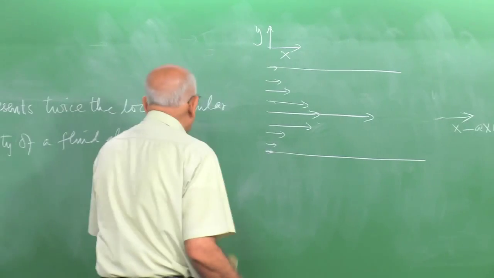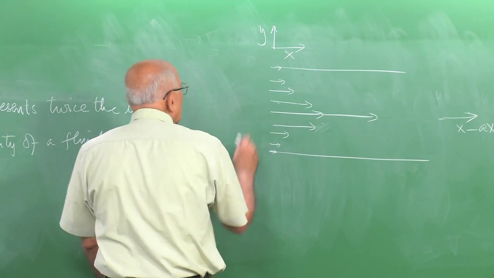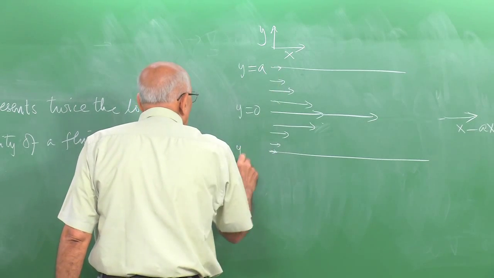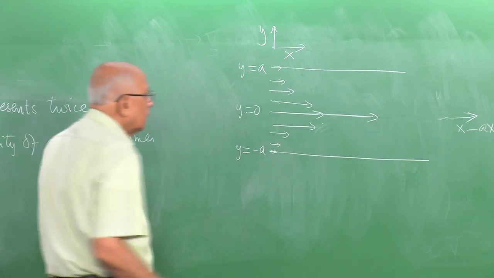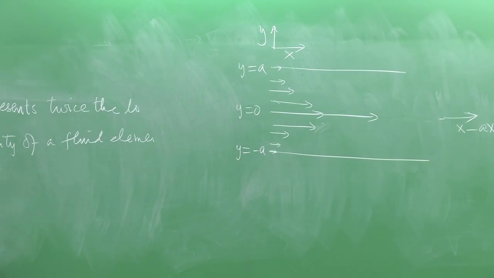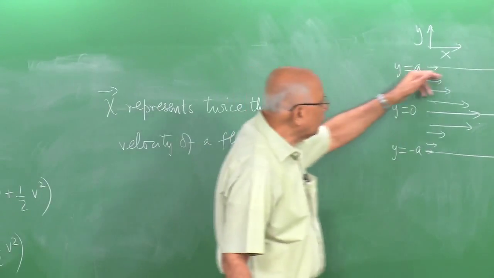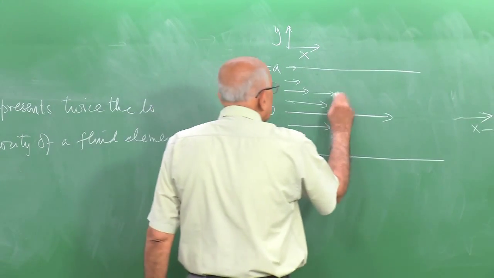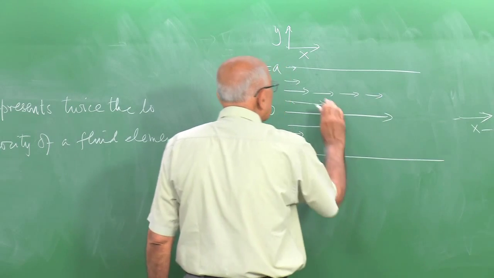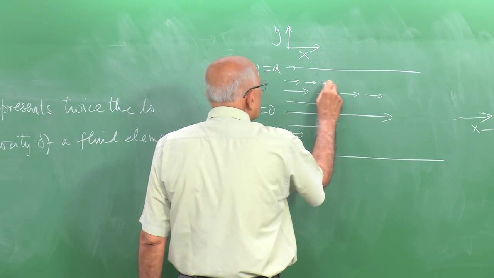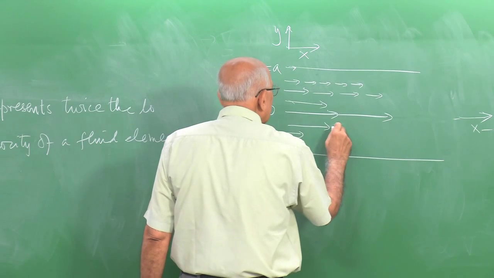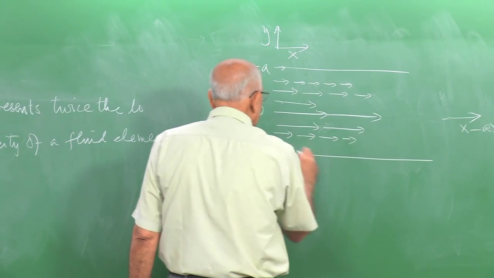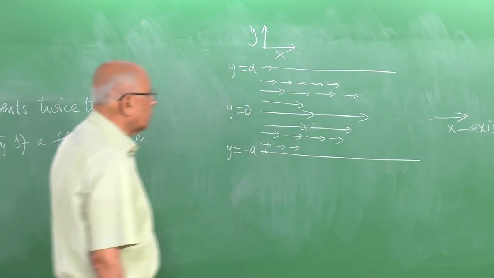And let us give this some coordinates. This is the line y equal to 0, this is y equal to a, and y equal to minus a. So the width of the canal is 2a, and this is what the velocity vector looks like at these points, and of course on the other side it is exactly the same. So these are small vectors, these are medium vectors, these are even tinier vectors, and so on.